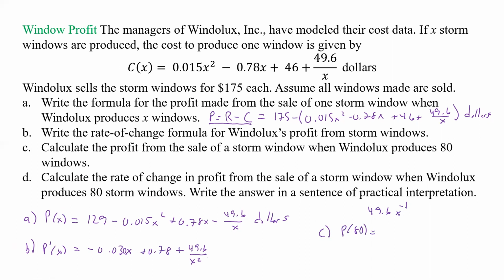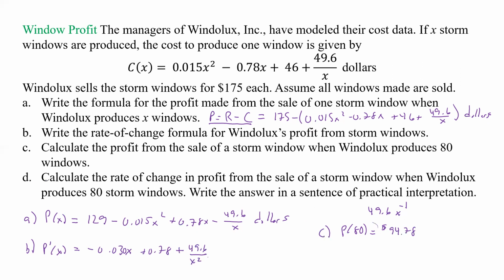Let's plug that in here. So 129 minus 0.015 times 80 squared, and then plus 0.78 times 80 minus 49.6 divided by 80, and I get 94.78. And that's dollars, so I'm just going to put a dollar sign instead.